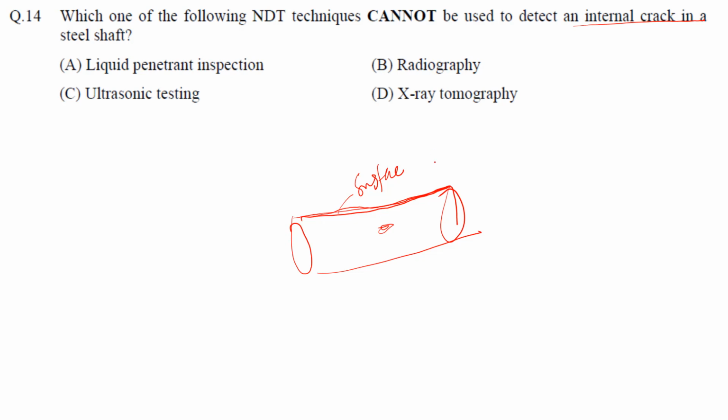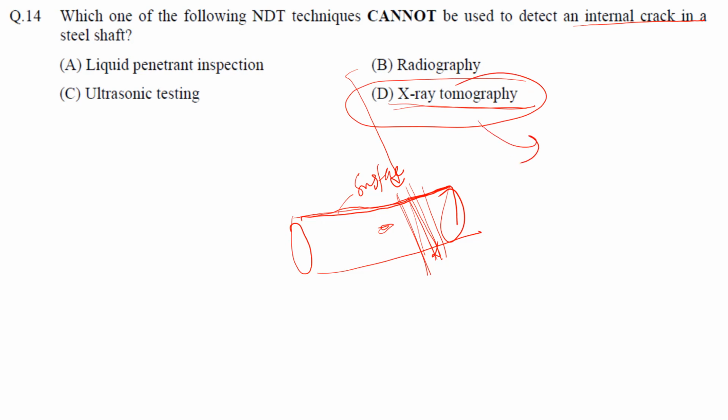Radiography, it can, because in radiography high energy beams are sent that scan the complete body and travel through it. Ultrasonic testing can be done, right? X-ray tomography can also be done.